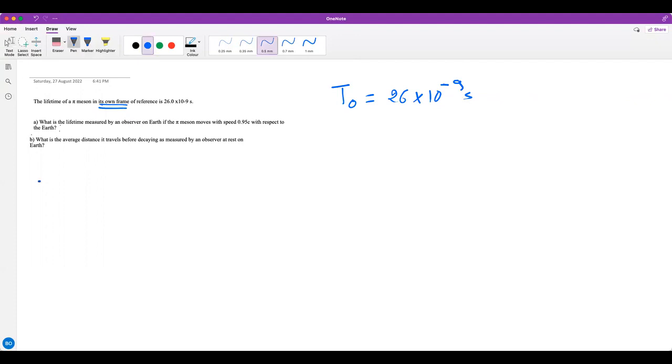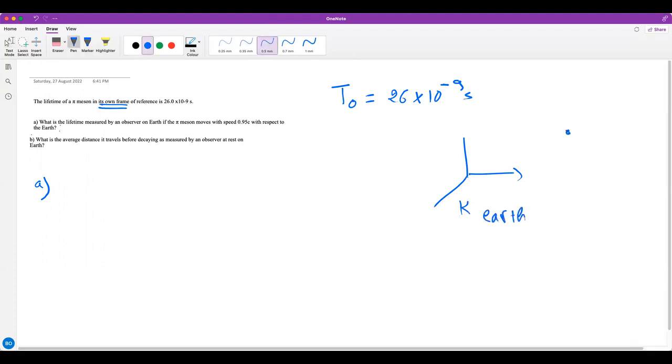So the question is, what is the lifetime measured by an observer on Earth if the pi meson moves with a speed of 0.95 c with respect to the Earth? So, for example, I have the Earth here, the reference system, and I have the particle that is moving with a velocity 0.95 c, and this particle has a lifetime t0.